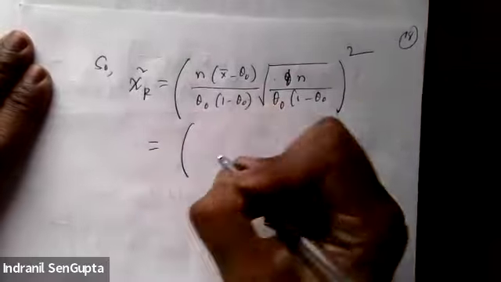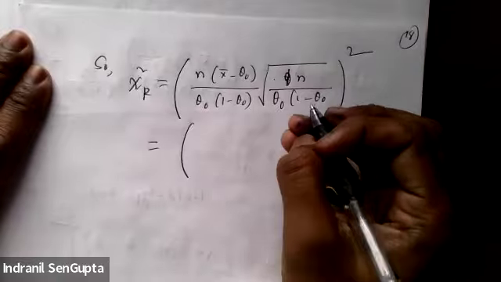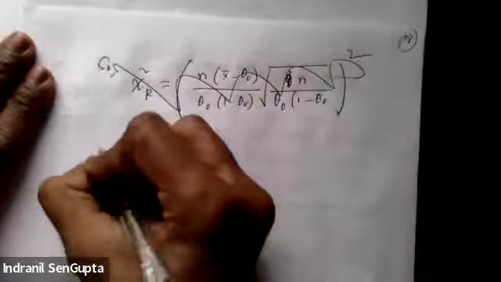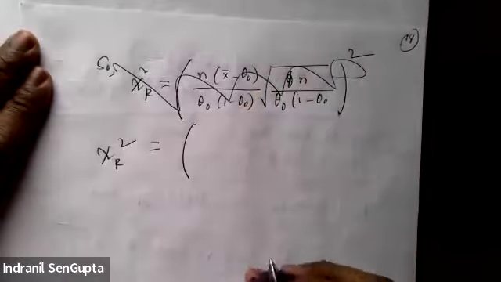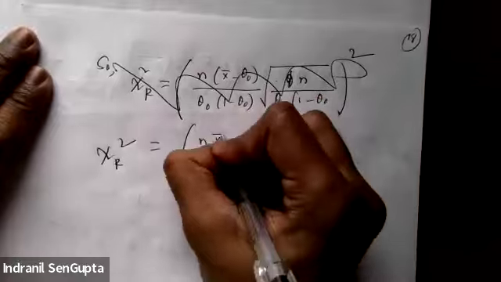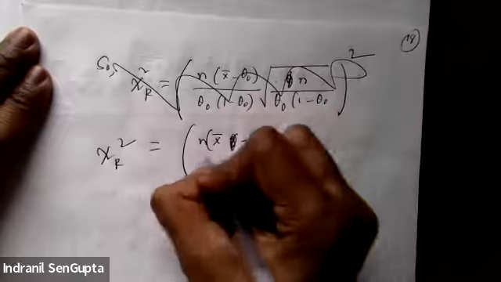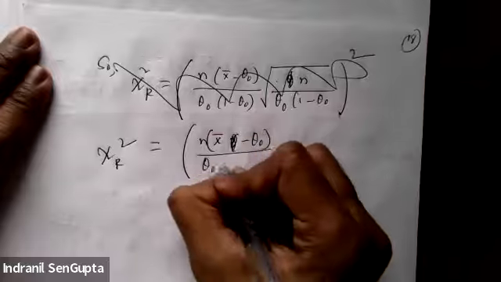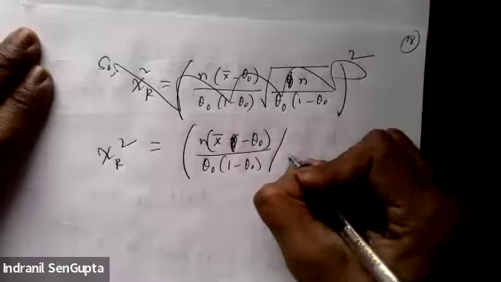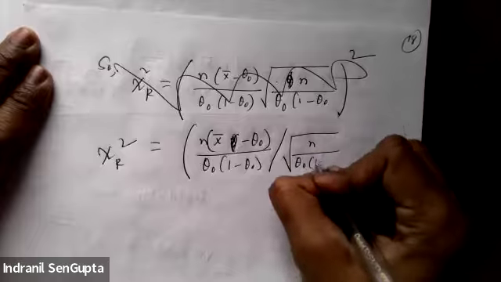After some simplification, actually, let's see, did I write it correct? Probably not. So let's write it again. Chi squared R is L prime, which we have just computed. It's n times x bar minus theta 0 over theta 0 times 1 minus theta 0, divided by the square root of n over theta 0 times 1 minus theta 0.